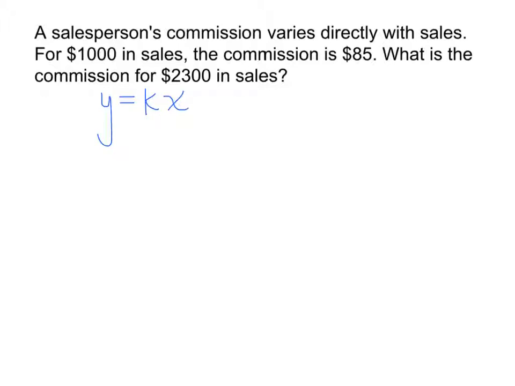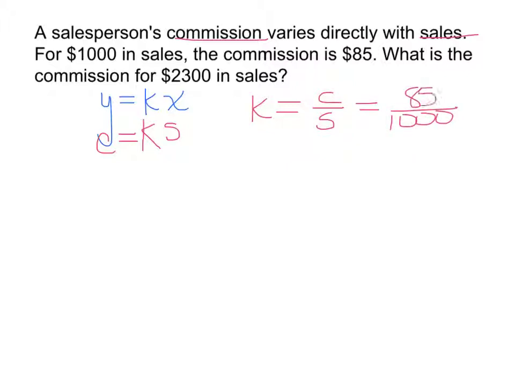And to help you, I'm going to use letters that correspond with the word problem. So it says commission, I'm going to use C, varies directly with sales, and I'll use S. So for $1,000 in sales, over here, this will be C over S. The commission is $85.